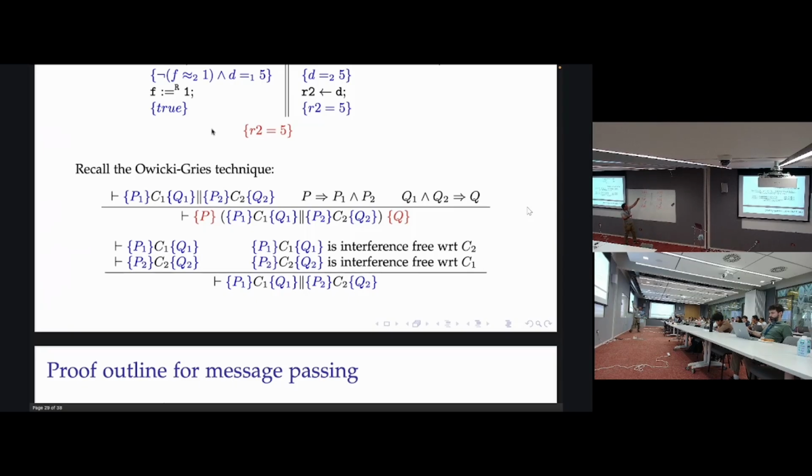And maybe you've got an overall precondition P up here for the whole parallel composition, and then an overall Q over here. That's the postcondition of the entire parallel composition. These are assertions inside a thread, and these are also inside this thread. And this is the parallel execution of these two programs with those assertions in there.